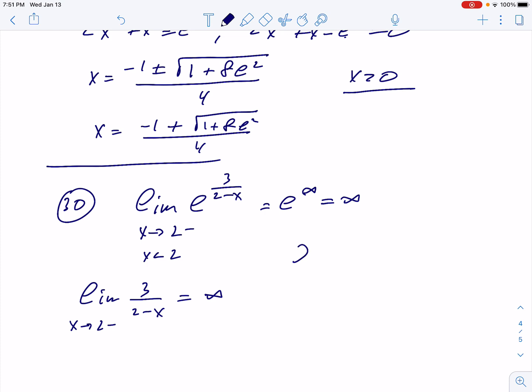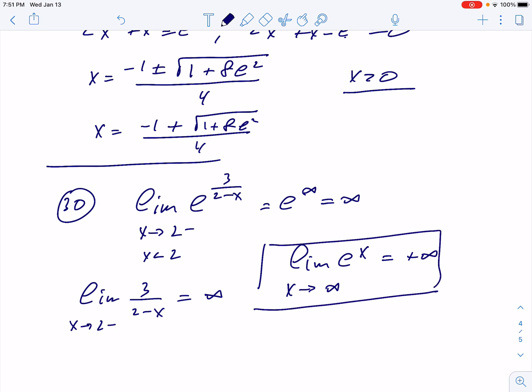Let's write this limit here clearly. Limit exponential x when x grows to infinity is plus infinity. Symbolically. Because infinity is not a number, this simply means that e to the x grows more and more, becomes greater than any preassigned number.